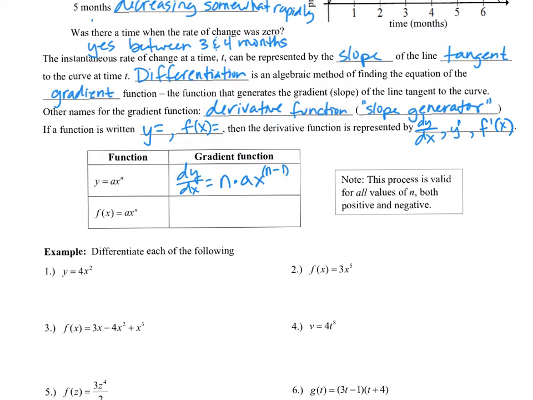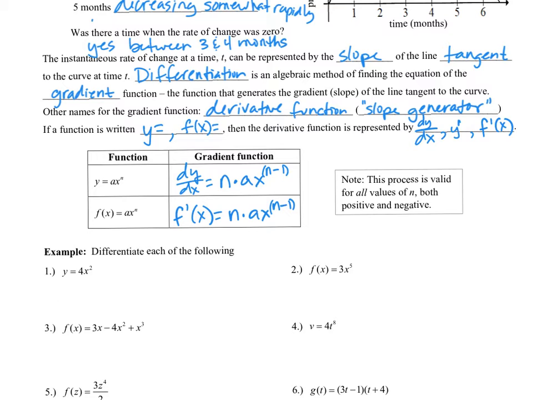If a function is written in function notation, f of x equals a times x to the n, then to find the derivative f prime of x, we will take n times a times x. Again, that happens by taking that exponent around to the front and multiplying it by the coefficient. And then we're going to decrease the exponent on x by 1, n minus 1.